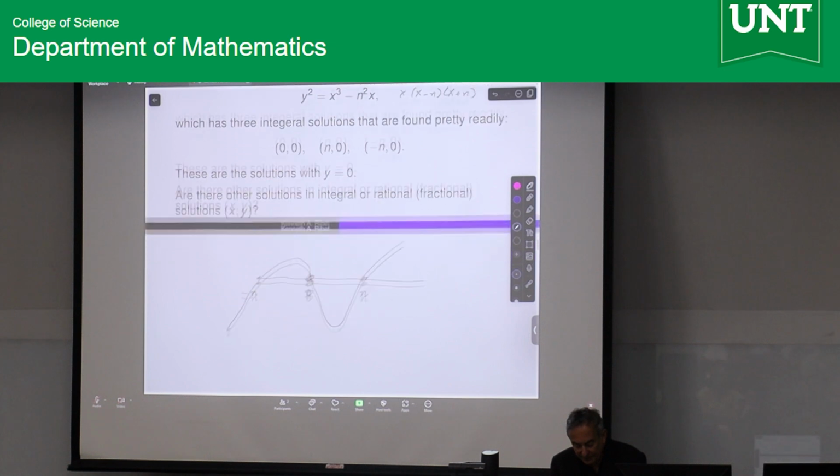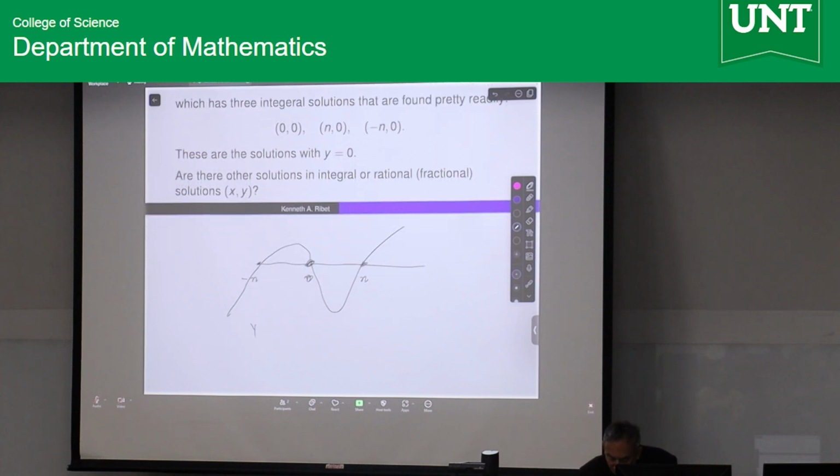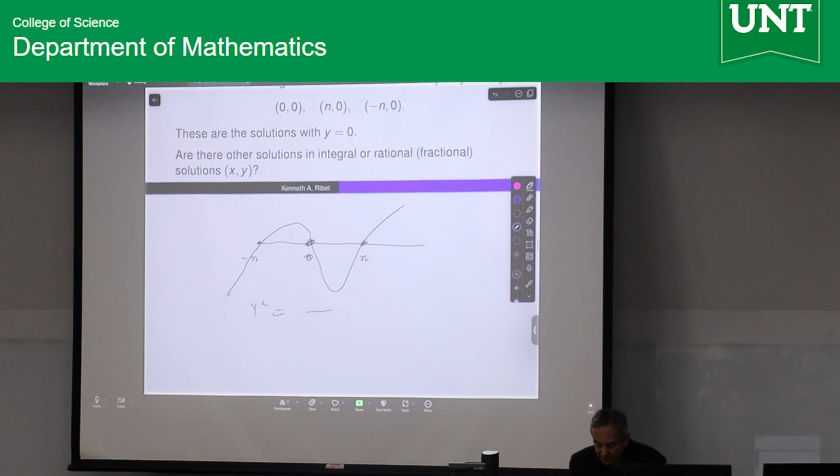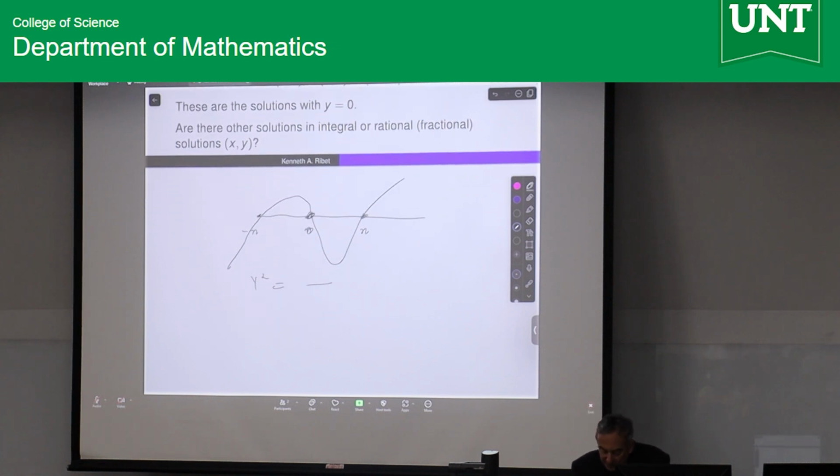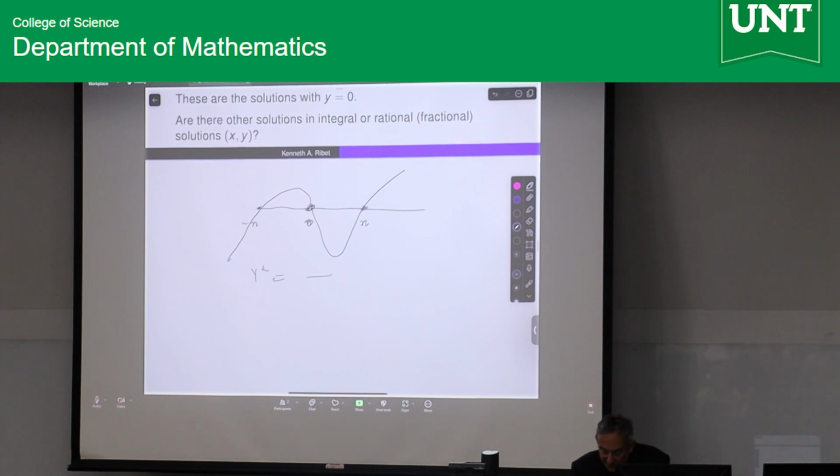And then if you wanted to graph y squared equals the thing, you would take this kind of curve and you would just take the square root. It's the square root of x cubed minus n squared x instead of the actual number.